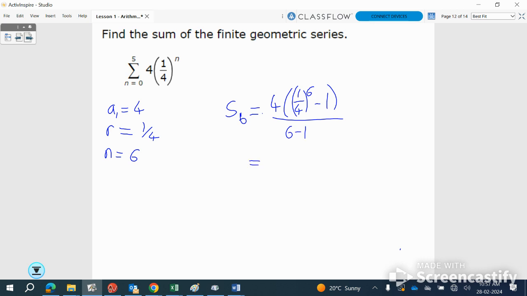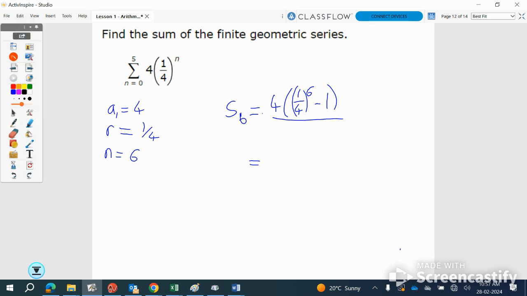Isn't it over 1/4 minus 1? It is. Good one. And what do we get when we put it into our lovely calculator?